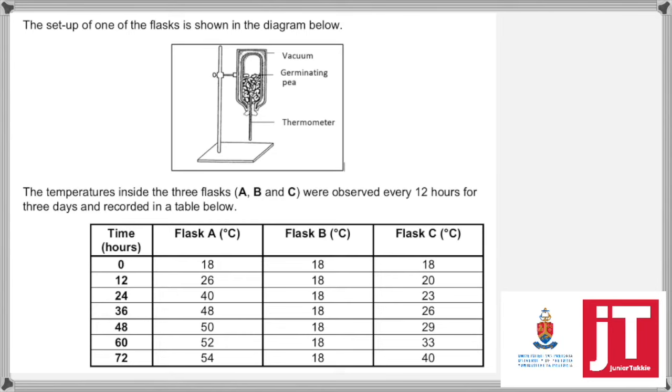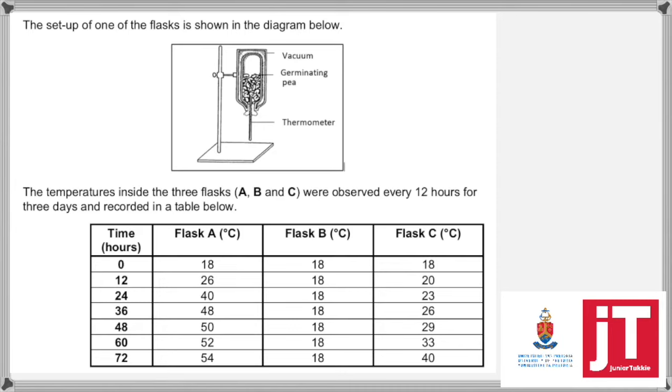Let's have a look at our results table here. These results were given to us. The temperature was measured inside the 3 flasks, A, B, and C, and observed every 12 hours for a period of 3 days and recorded in the table below. So flask A, B, and C, and the time in hours, because the measurements were taken every 12 hours for 3 days, you can see there that the time in hours has a 12-hour interval between each one.